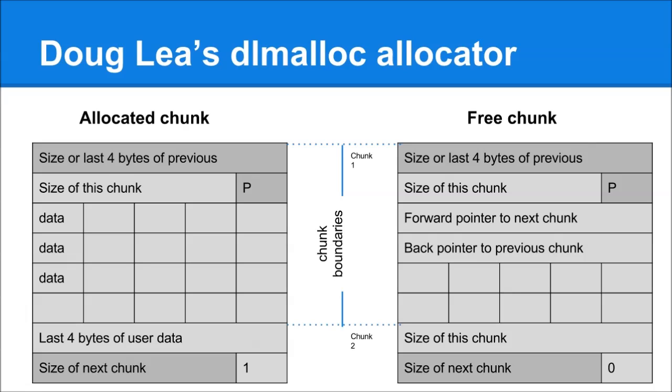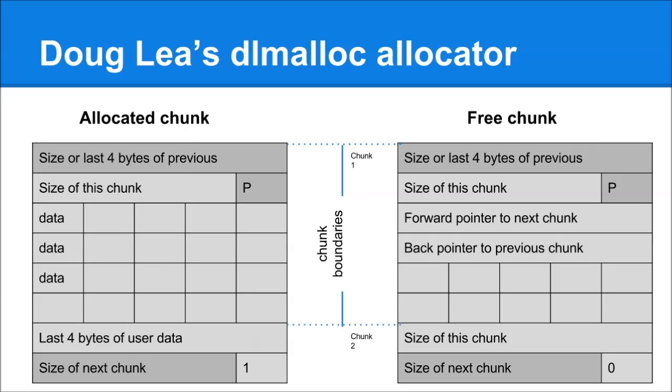So the chunk boundaries: I have chunk 1 listed here, chunk 2 listed here, all right, each basically starts here and ends here. On the left we have allocated chunks, on the right we have an example of a freed one. An allocated chunk is where all the data is, all right? So when you do alloc of size n, it's going to allocate n here, but you see we have other data describing this chunk.